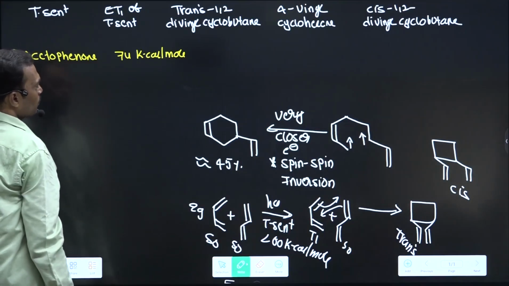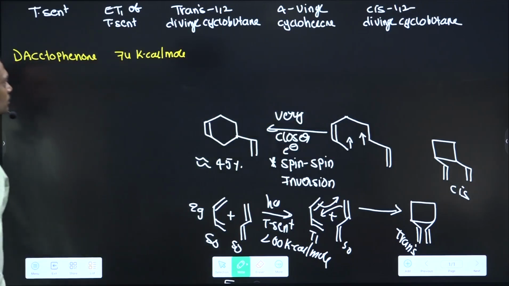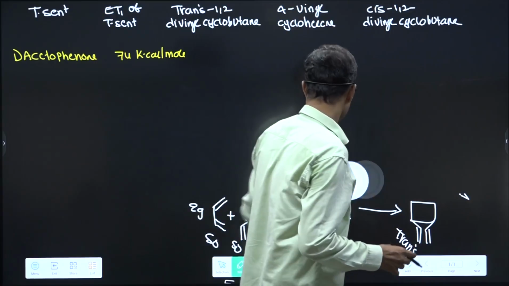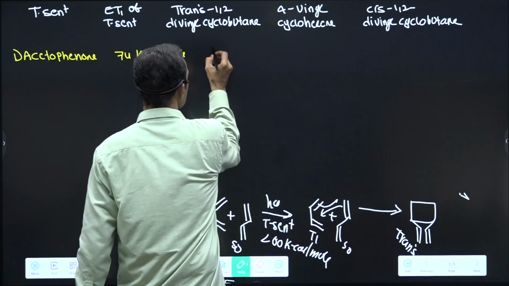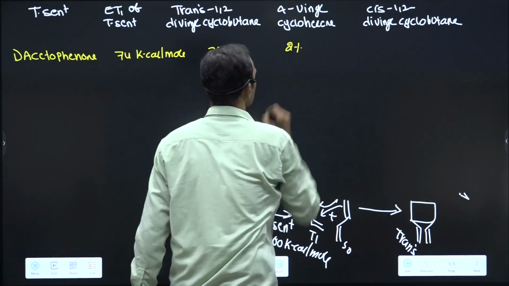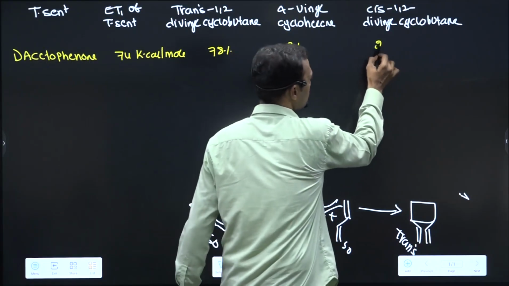After using acetophenone as a triplet sensitizer, the trans isomer is almost 78%. This is only 2%. The remaining 20% is cis.